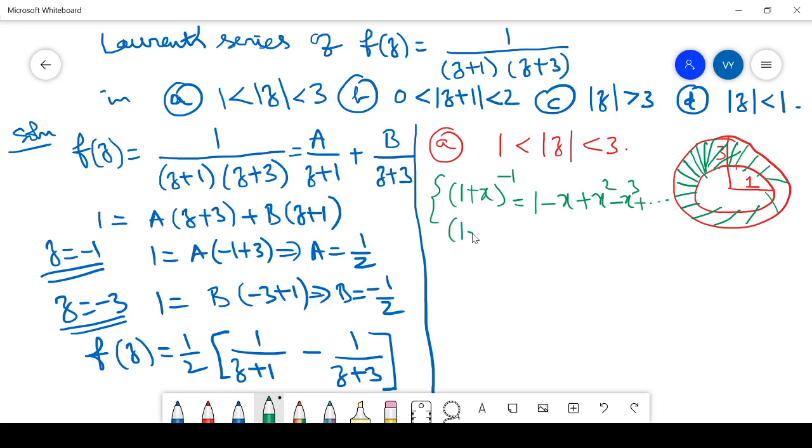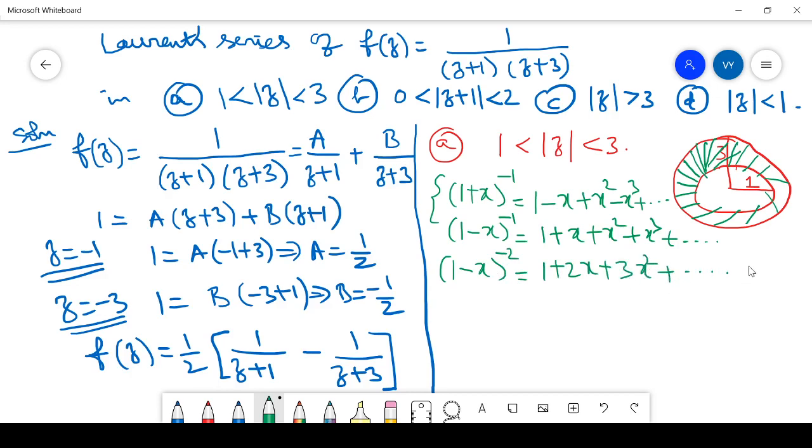And (1 - x)^-1 = 1 + x + x^2 + x^3 + so on. And the next one, (1 - x)^-2 = 1 + 2x + 3x^2 + so on.